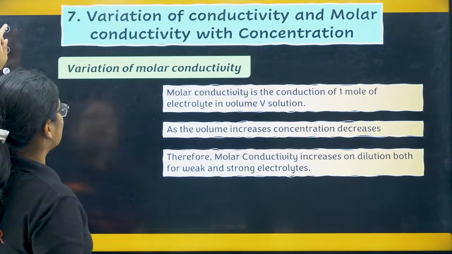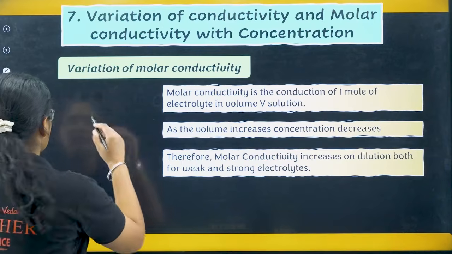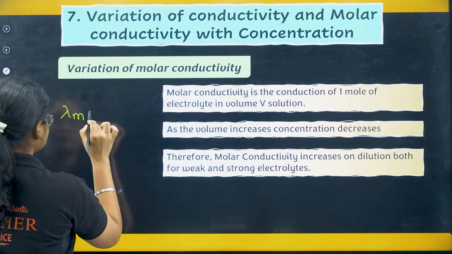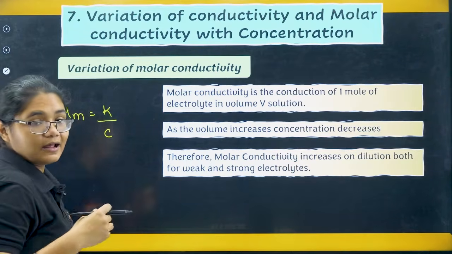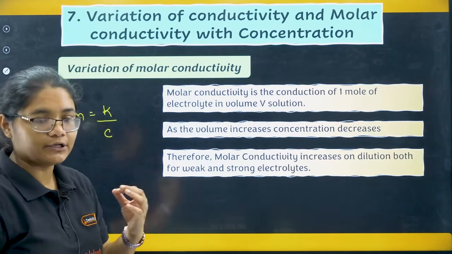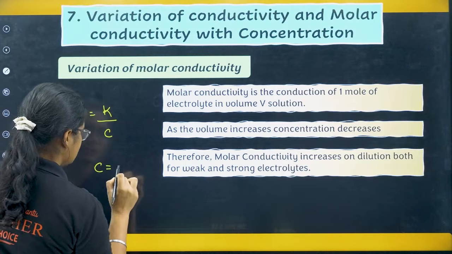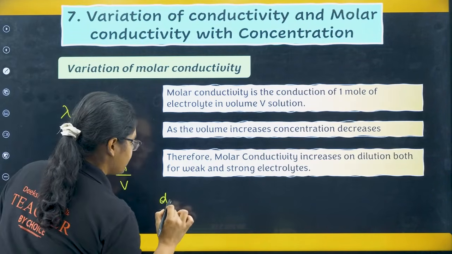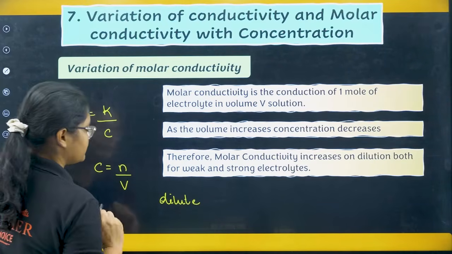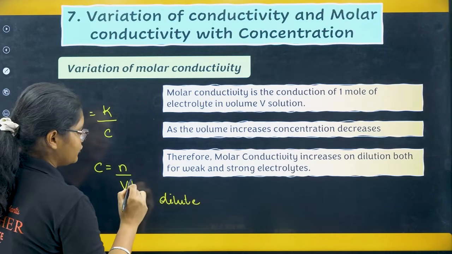Now let's talk about molar conductivity. What's the formula? Kappa by C. So when I add more water or dilute it, what's the formula of concentration? Number of moles by volume, right? When you add more water, volume will increase.